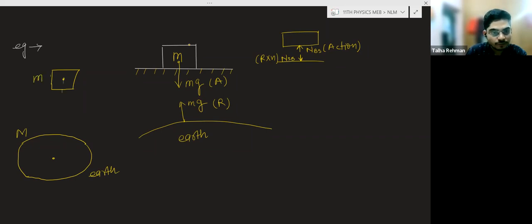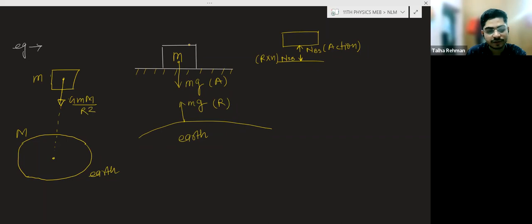This is the line joining the centers. So this earth will apply a force of G M into m by the distance, suppose R square.